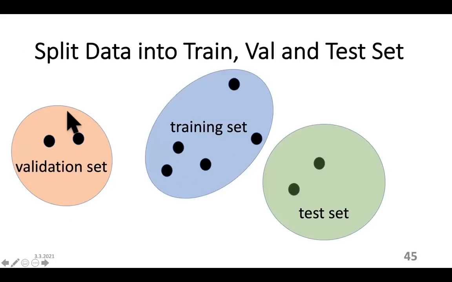These validation errors we then use to choose between all the different methods we had in our mind, like SVMs, logistic regression, artificial neural networks, all kinds of models we try out. And for each model, we compute the validation error. And then we pick the model with the smallest validation error. And the resulting model then needs to be evaluated on the test set. So the test error is the average loss that we get from the chosen model on the test set.